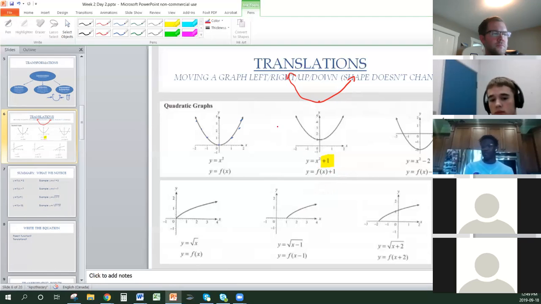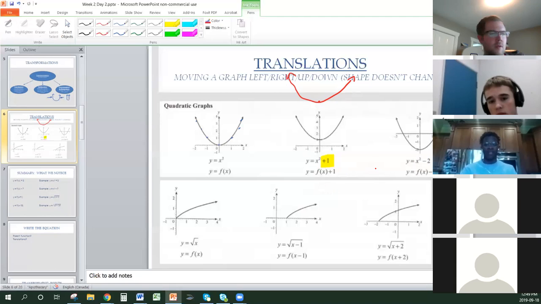Noah, what did you notice about the plus 1 and the minus 2? What kinds of observations could you make from that? I noticed that if it's +1, it goes up 1.